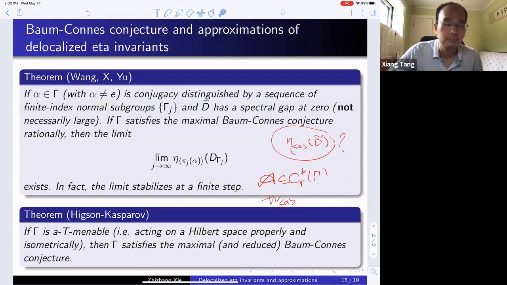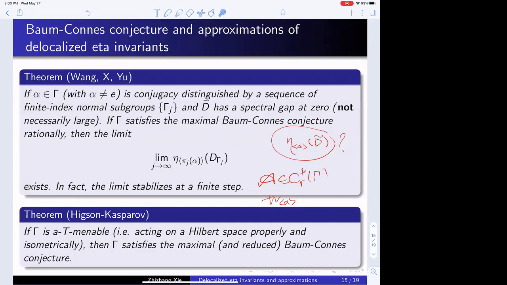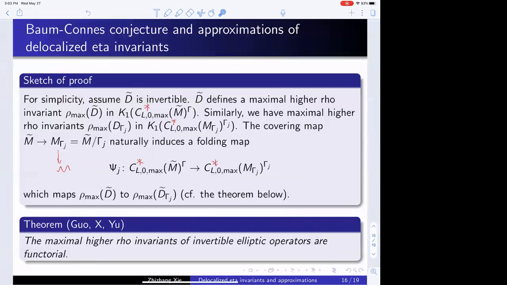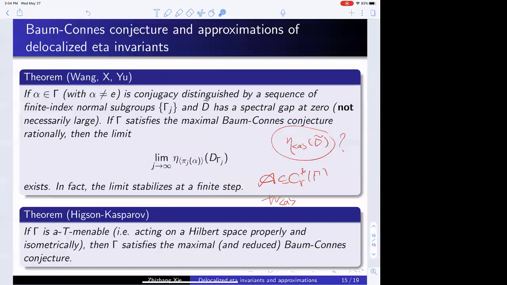But in this theorem here, we do use the spectral gap at some point, and as you probably noticed, to define this higher rho invariant, we do need the spectral gap. But for your question, in principle it's possible, but I don't know any examples.